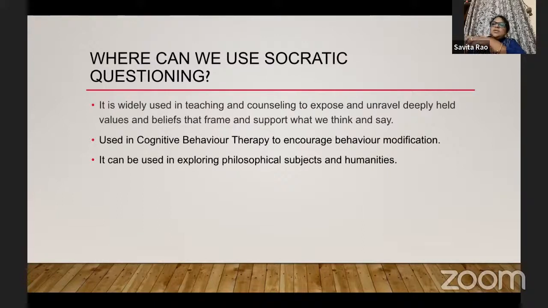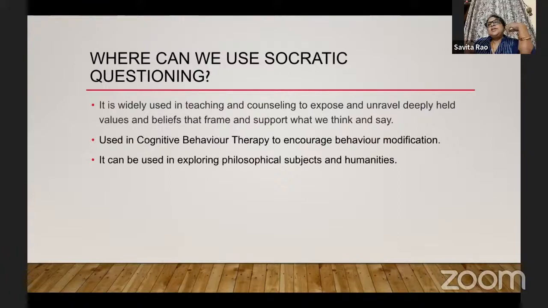It is also very often used by psychologists and even in psychotherapy, where your deeply seated fears or your values or beliefs are concerned. Sometimes we just believe certain things, and if you want to understand them, this kind of questioning will help you unravel why you are thinking about something the way you do.